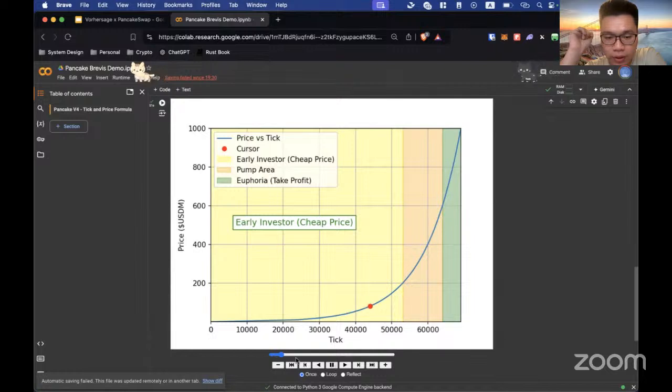This is where the ticks are in the lower part, meaning each tick spacing corresponds to a smaller price increase, so the price doesn't increase exponentially as fast as it would at higher ticks. This is a good place where we incentivize the early investor to believe early.